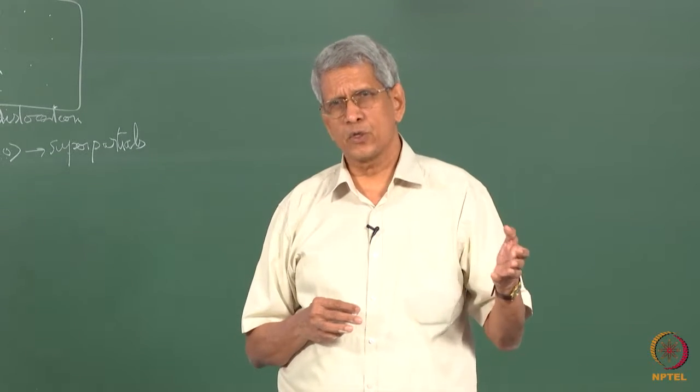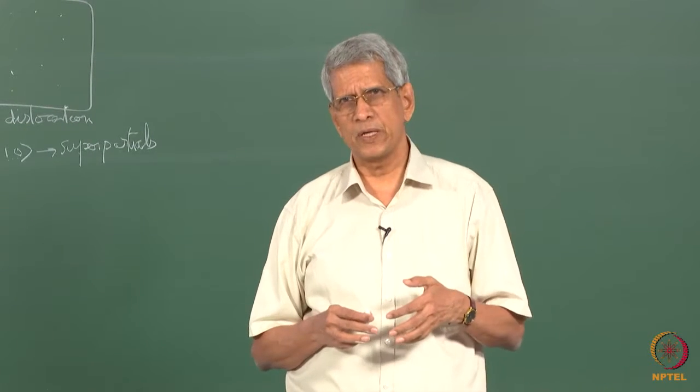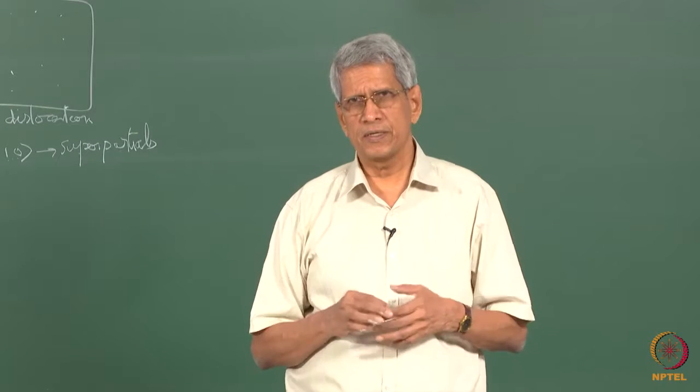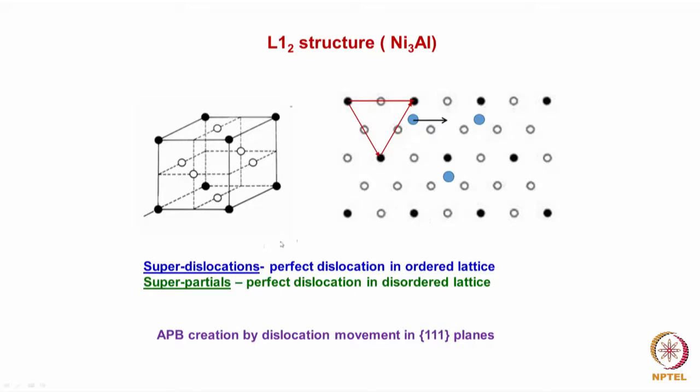The stoichiometry of the compound is Ni3Al, where sometimes aluminum is partially replaced with titanium or niobium, many elements. Here, the aluminum occupies the corner positions, nickel occupies the face centers. The close-packed plane here is also the (111) plane.